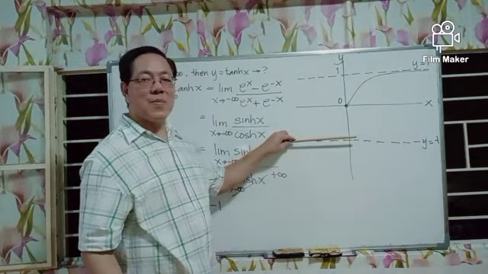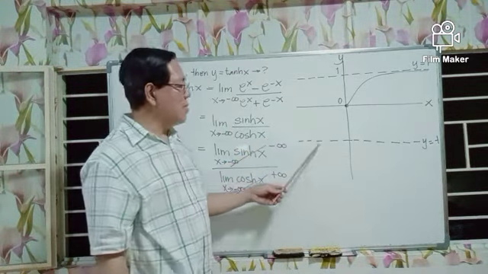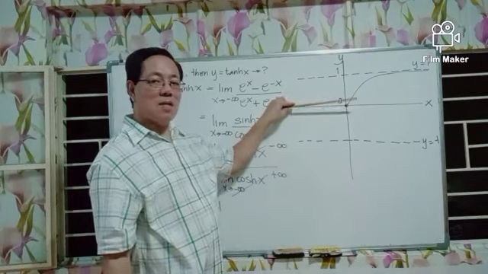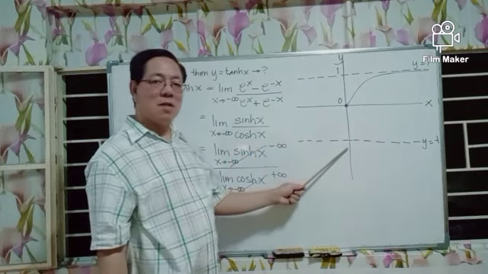This is the graph of the line y equals negative 1. It's parallel with the x-axis, perpendicular with the y-axis.